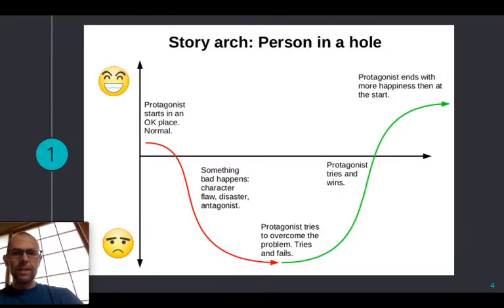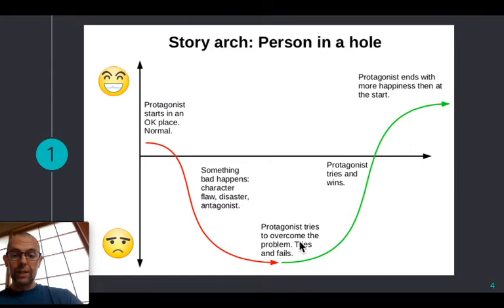So the first one is man in a hole, and this is one of the most common story structure archetypes. We start off with our protagonist or the hero, and they start off in an okay or normal place, and then something bad happens. Now that could be because of a character flaw, could be a disaster, could be because of the antagonist or the villain, and things get worse and worse for the character.